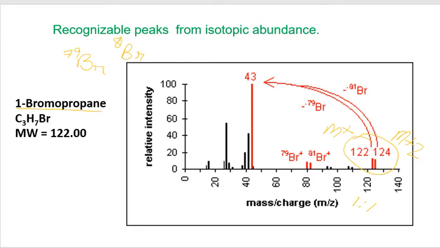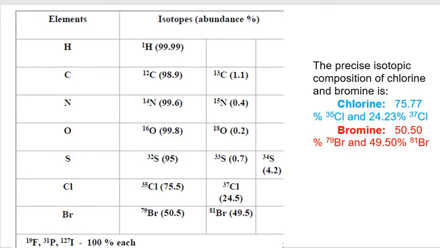If we see the isotopic abundance of these atoms, in bromine we have bromine 79 at 50.5 and bromine 81 at 49.5, roughly 50-50, whereas in the case of chlorine we have chlorine 35 at 75.5 and chlorine 37 at 24.5, almost 75 to 25.